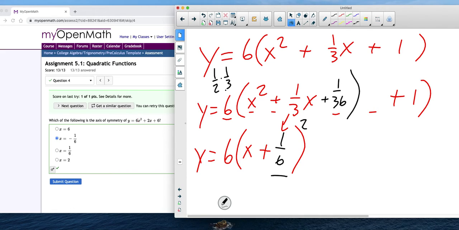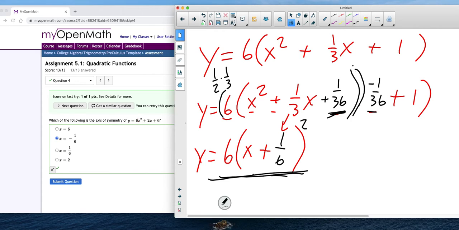This part, all in parentheses here, is equal to what I have written down here. So in order to get this, I had to add 1/36 to the original problem, which means I also need to subtract it from the original problem. This plus this is 0. But in order to get into standard form, I had to add that.